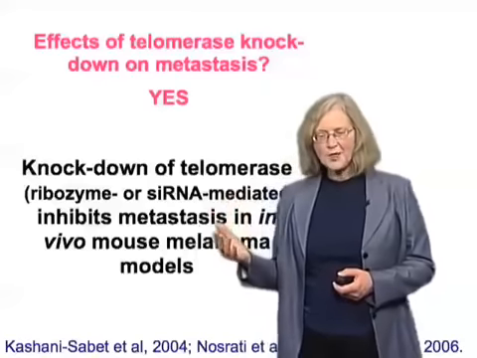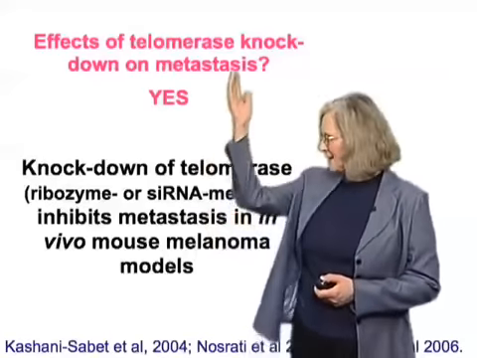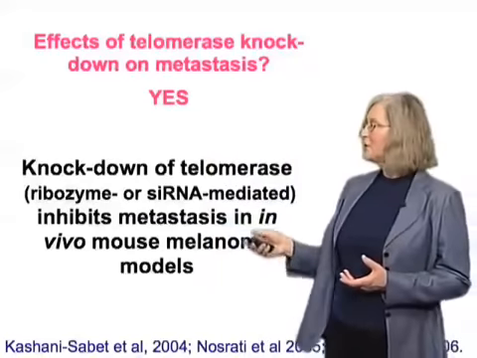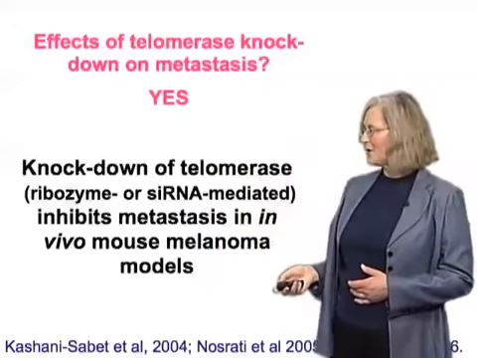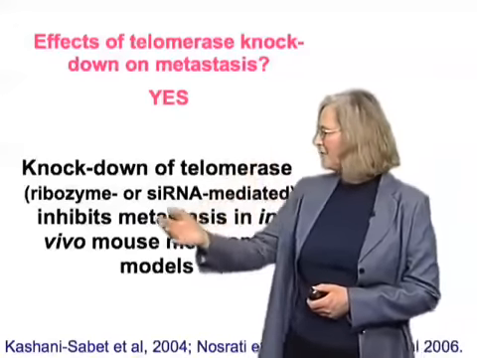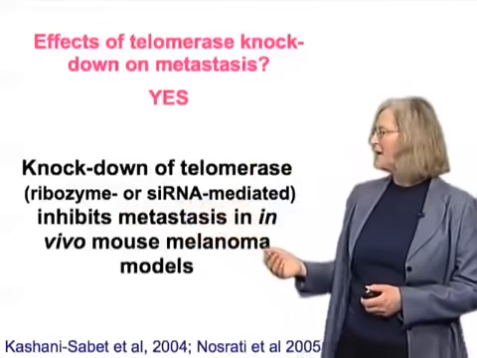The more differentiated the cancers are, very typically, the less invasive they are. And in fact, in preclinical mouse model systems used, metastasis was knocked down. And that was seen whether one knocked telomerase RNA down with the ribozyme or with the RNA interference mechanism.